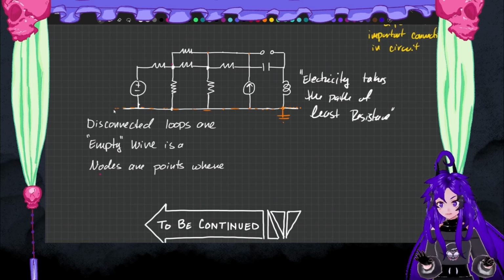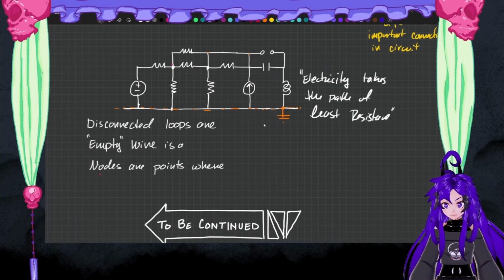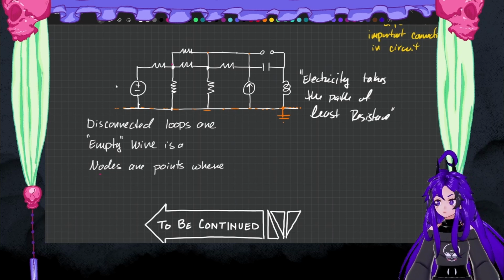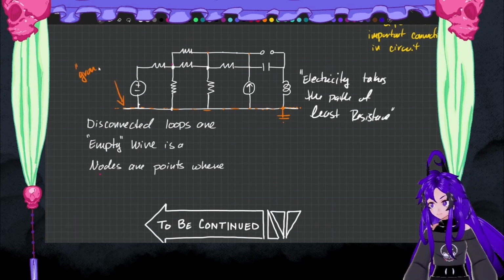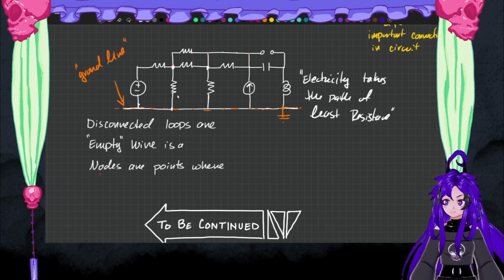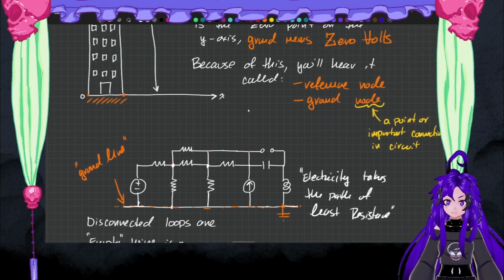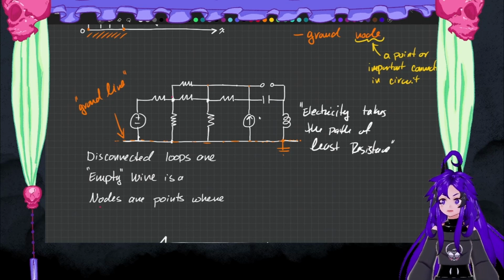It has been grounded. It is not allowed to go on YouTube for 2 weeks. It is grounded. But also, we call the line that it's on the ground line. So ground gives us our reference point. Everything else is measured with respect to that. And we'll go into details with that a little bit later.